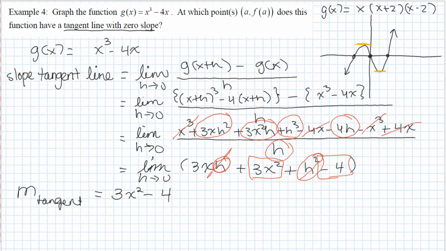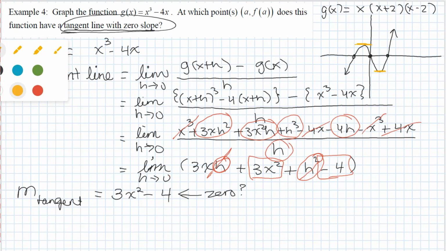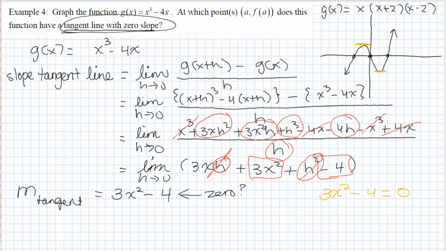All right, so the question is asking, when is this slope 0? Right, when is the slope of the tangent line 0? Well, let's set it equal to 0 and solve. 3x squared minus 4 equal to 0. Add 4, divide by 3. Okay, so x squared is 4/3.